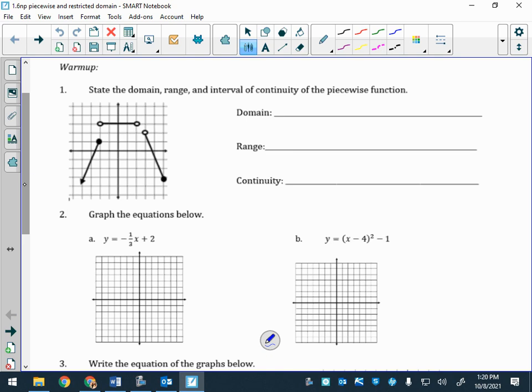Okay, intervals of continuity. Anyone have any guesses in terms of domain? Louise? Anything else? Someone else? Harris? We're just gathering some information on who did what. Danielle, what do you have?